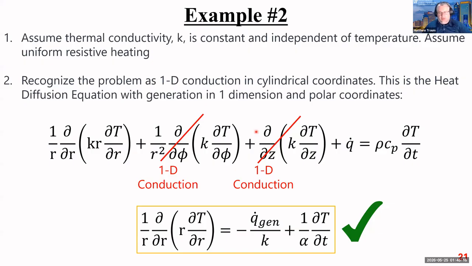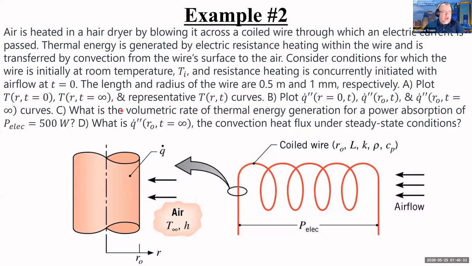I'm going to preserve the heat generation term because I have electricity running through the wire, and that electrical energy is going to get turned into thermal energy, which I need to account for. And then, at least for now, I'm going to preserve the time derivative term because we're talking about t equals zero, t equals infinity, values of t in the middle, right?